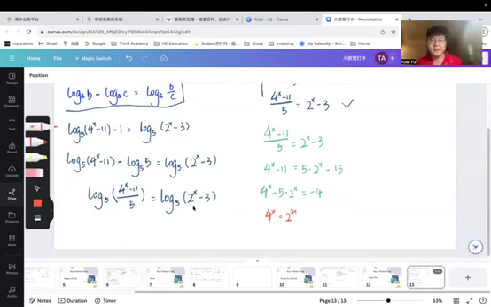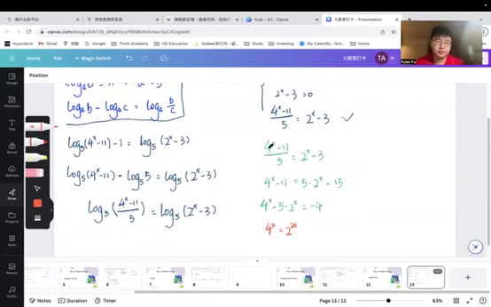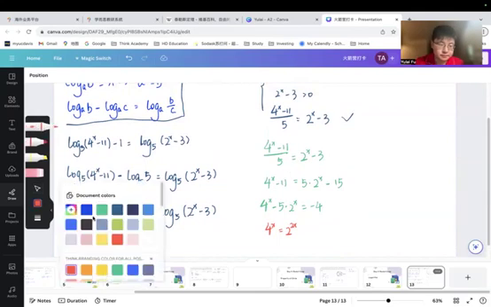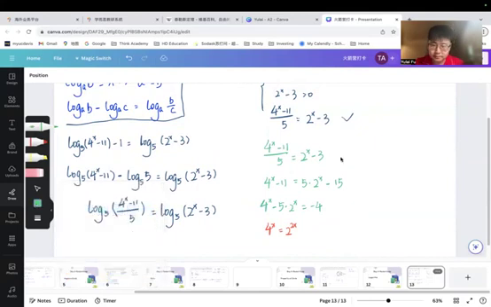So let's make another variable: u equals 2 to the power of x.